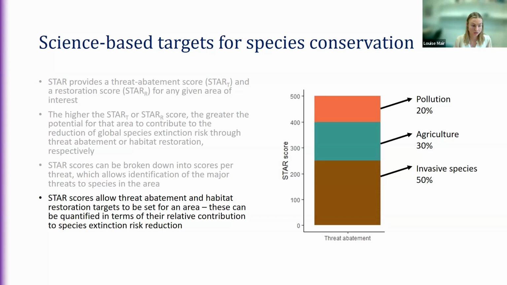So this is what gives you that quantitative link between the threat abatement action that you're intending to implement and your expected impact in reducing species extinction risk. Okay, so that's the principle. That's what we are expecting STAR to be able to tell us.